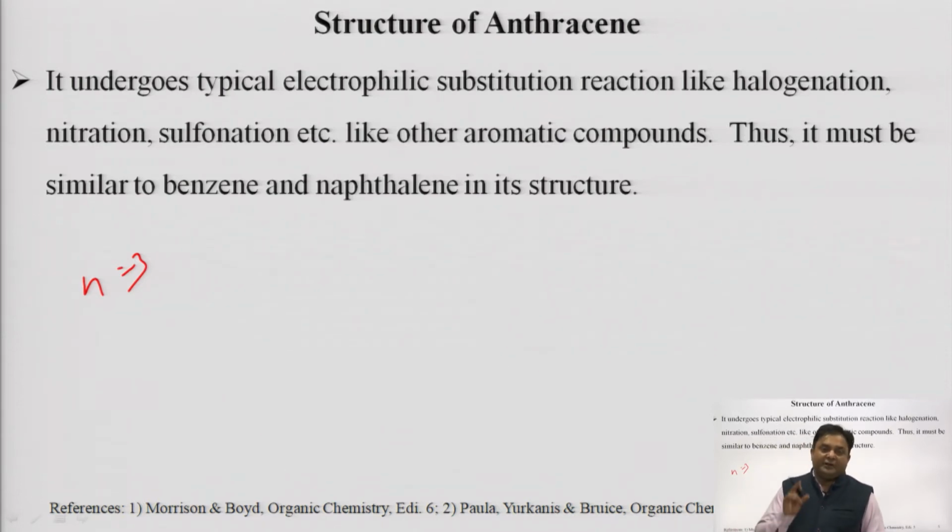Each carbon has that p orbital perpendicular to the plane, and these perpendicular p orbitals overlap with the neighboring carbon orbitals. Because of that, an electron cloud is generated above and below the plane of the anthracene. That electron cloud is responsible for its preference for the electrophilic substitution reaction.